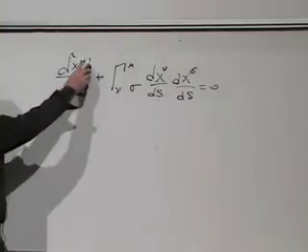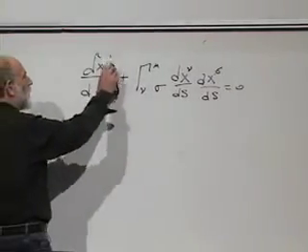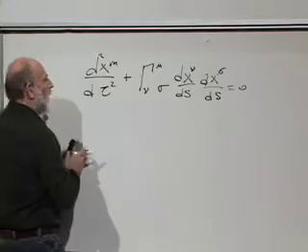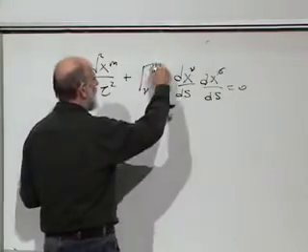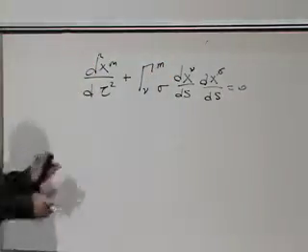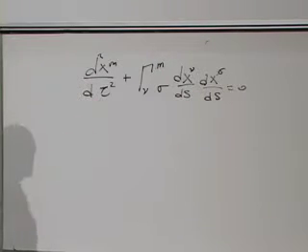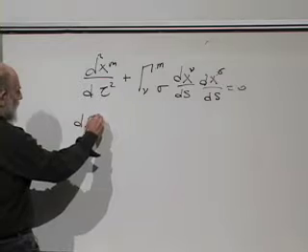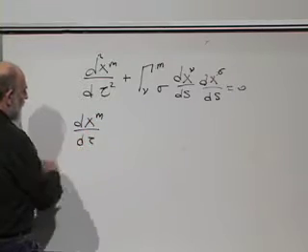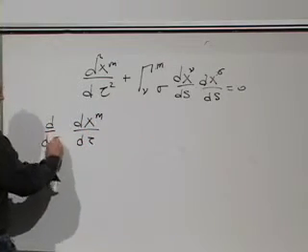So let's, for example, say this is a space-like component. Let's call it m, and the other ones stay the way they are. All right, the first thing we'd have to do is deal with this guy here. This is dx m by d tau, d by d tau.